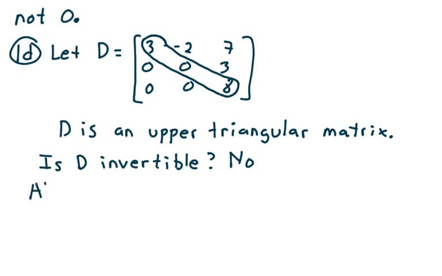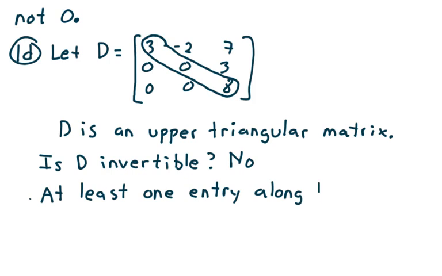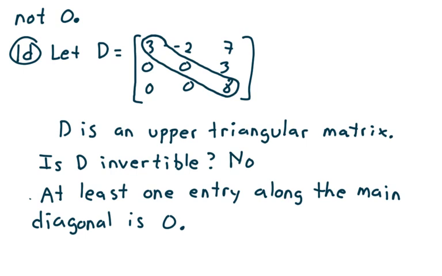Because at least, let me spell that again, at least one entry along the main diagonal is 0. And that's how you do 1D.